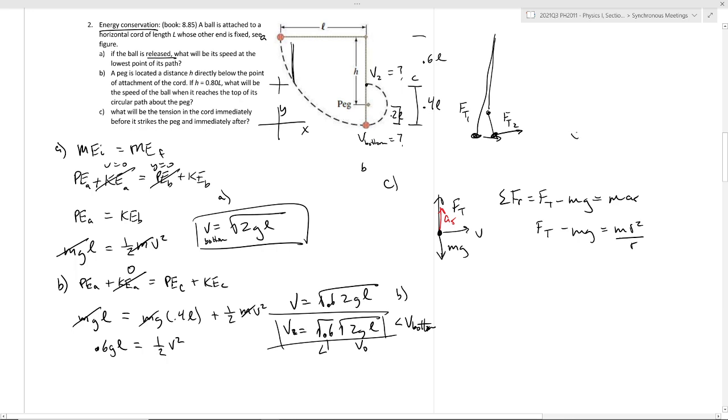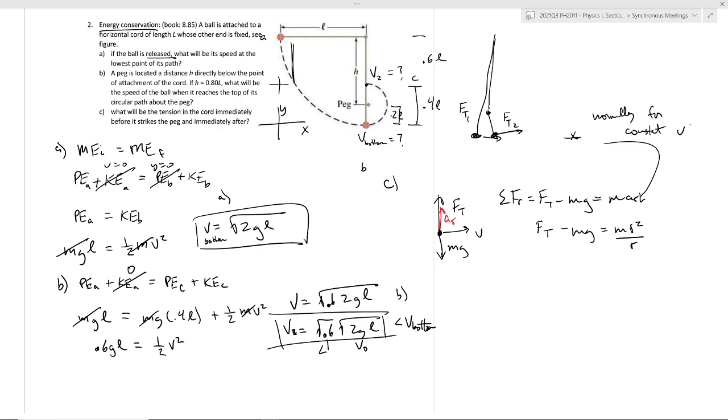Now I would note too, this is not strictly correct because this thing is also accelerating at the bottom. I would just note, when we had introduced this, we were talking about constant speed for an object that's spinning, but it'll work well enough for us to do this.